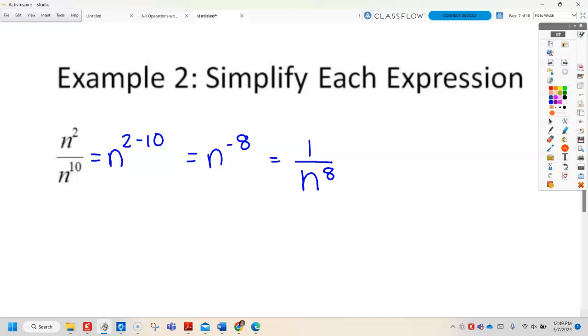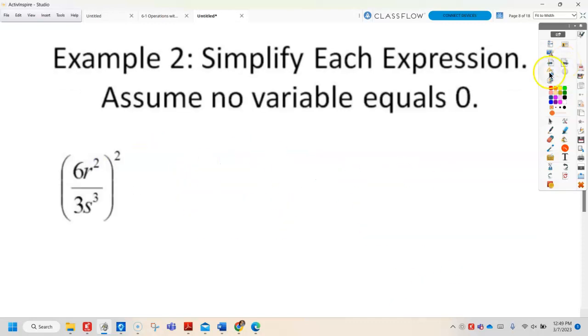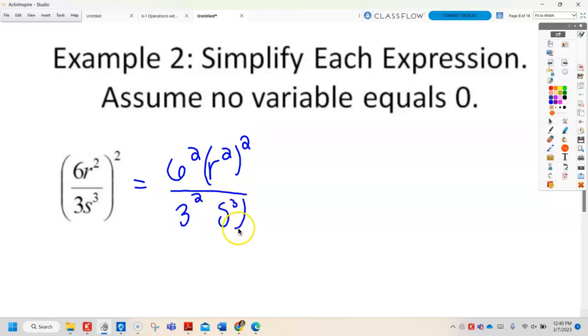And then if you have a power outside, it distributes to all terms inside. So this is 6 squared, r squared squared, over 3 squared, s cubed squared.